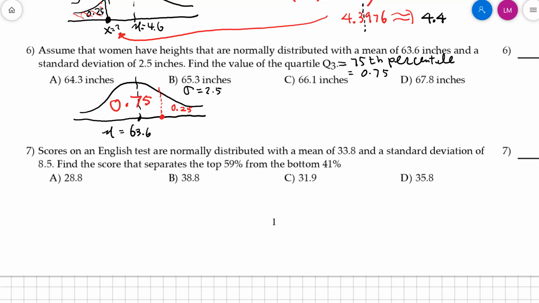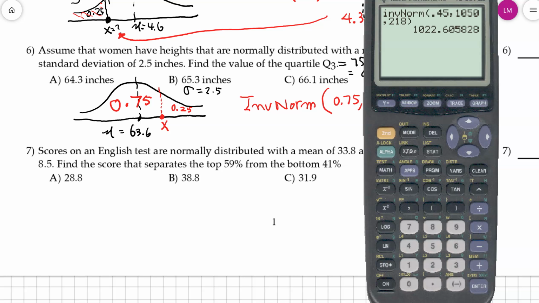They want you to find this x value. So we did it. Inverse norm, parenthesis, this time 0.75, and then 63.6, and then 2.5.